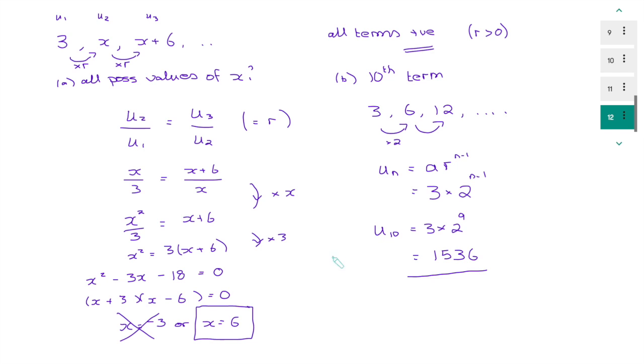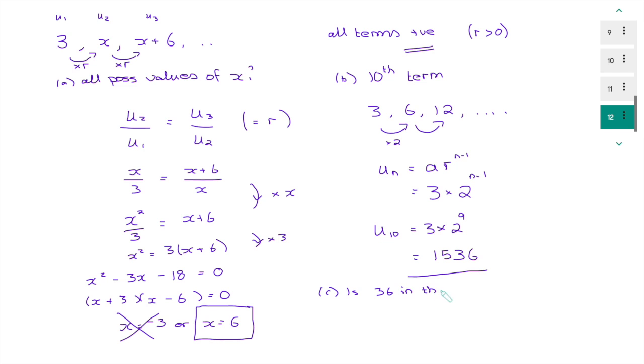Something else you might be asked is simply, is a certain value in a certain sequence? So let's just pretend they've asked us this. Let's pick a number out of the air. Let's say, is 36 in the sequence?